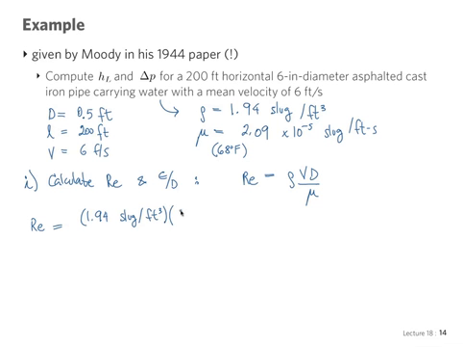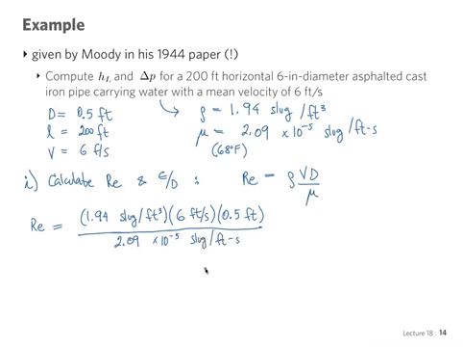V is 6 feet per second, D is 0.5 feet, and mu is 2.09 times 10 to the minus 5 slug divided by feet second. And so we're very lucky that the slugs cancel out, so we don't have to worry about them anymore.